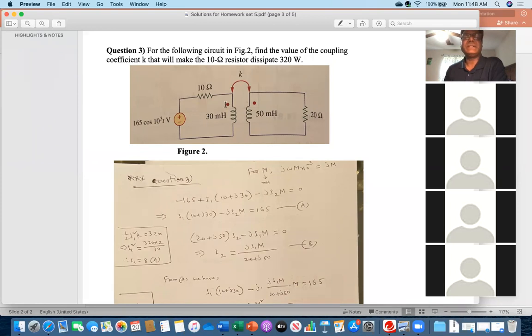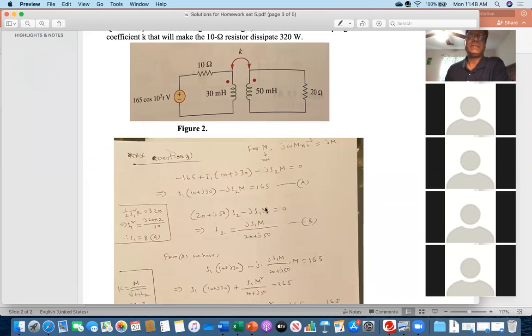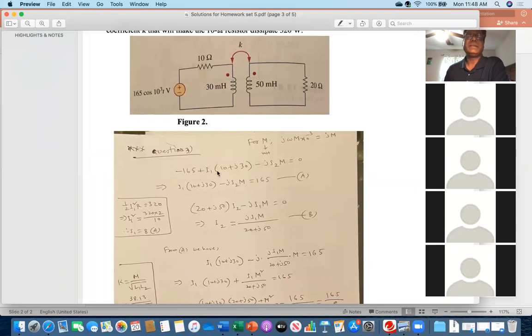I1 is entering the dot, but I2 is leaving the dot, assuming my I2 is also in the clockwise direction. That's why minus jI2M, equal to 0. Then I am simplifying a little bit: I1 times 10 plus j30 minus jI2M. I just transferred 165 to the right side of the equation, and gave the equation number A here.